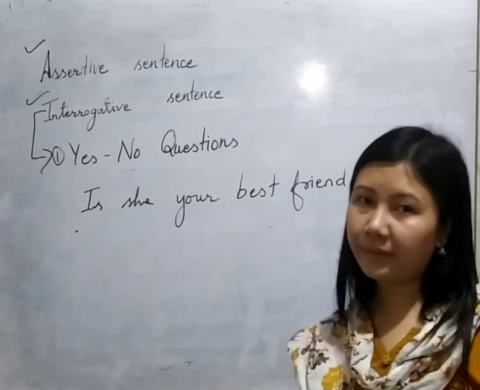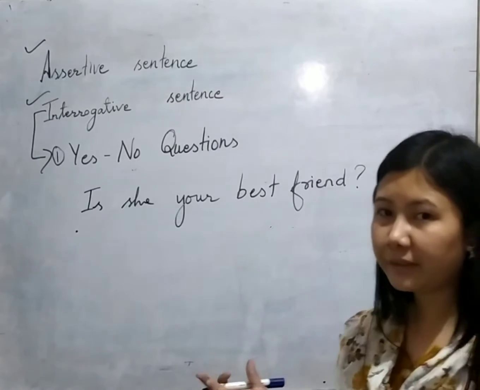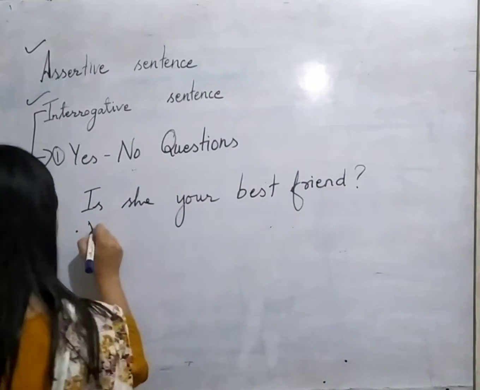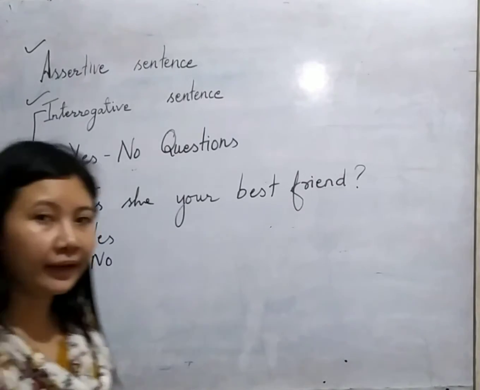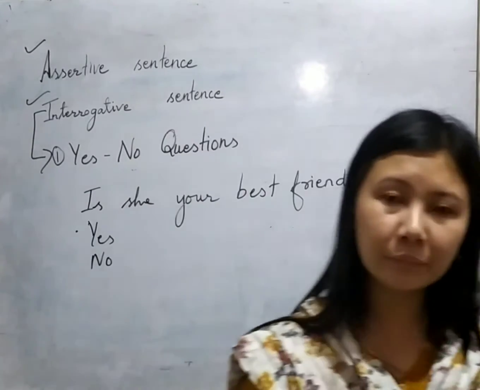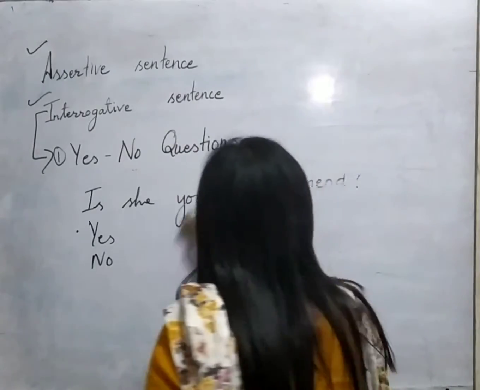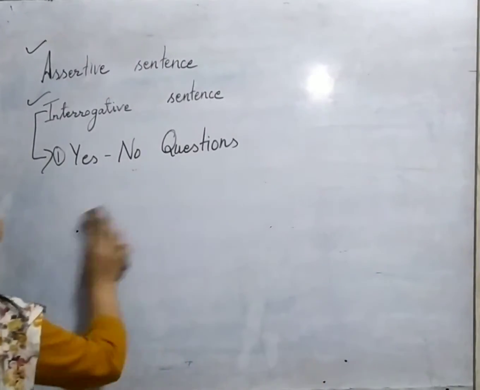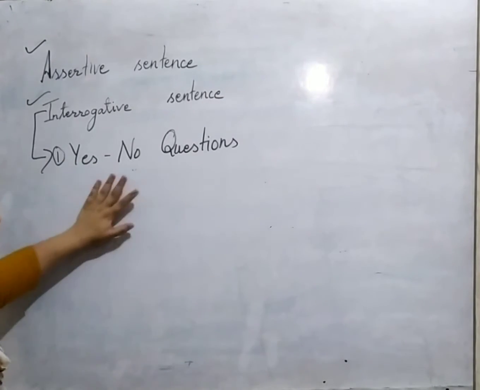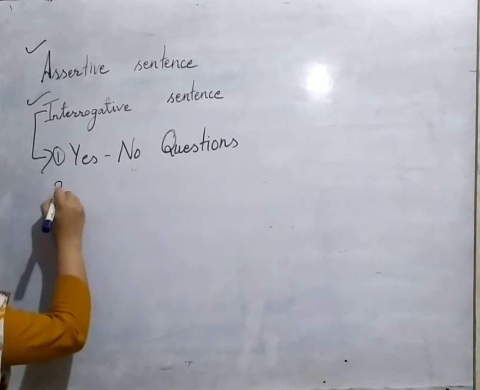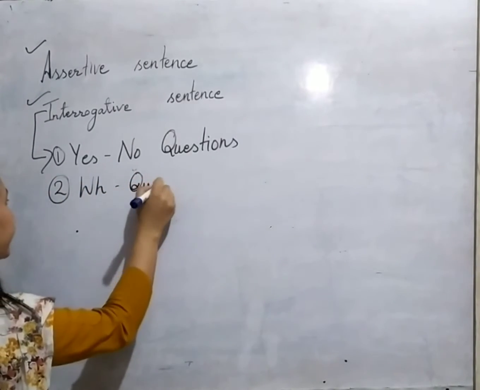If she is your best friend, then you can say yes. If she is not, then you can say no. So these yes, no questions can be answered simply with the help of words like yes or no. I hope you have understood it. So the first kind of interrogative sentence is yes, no questions. The second one is WH questions.